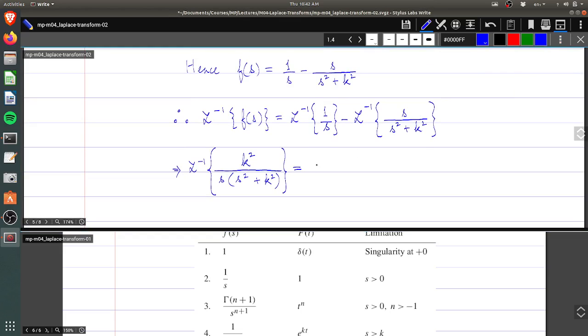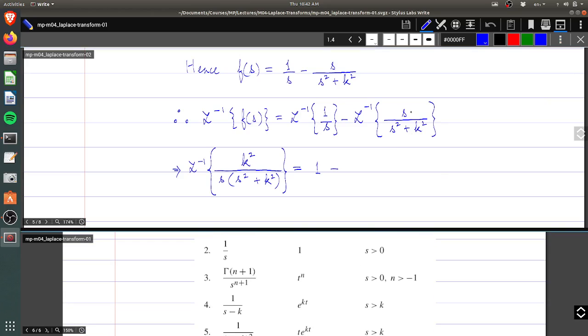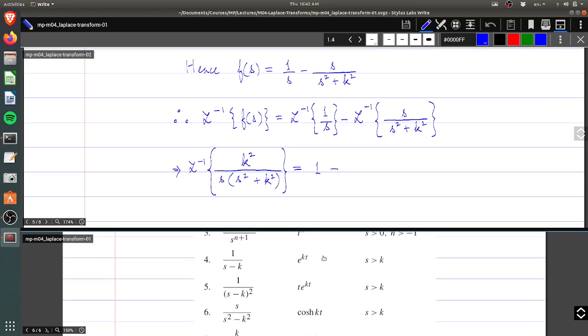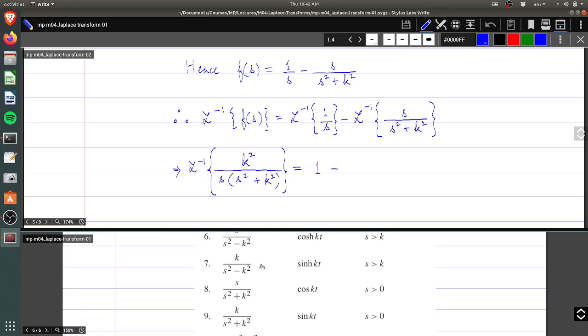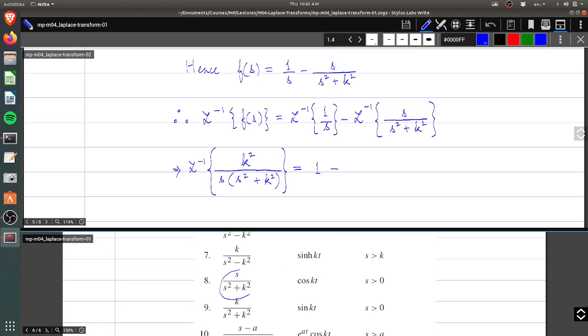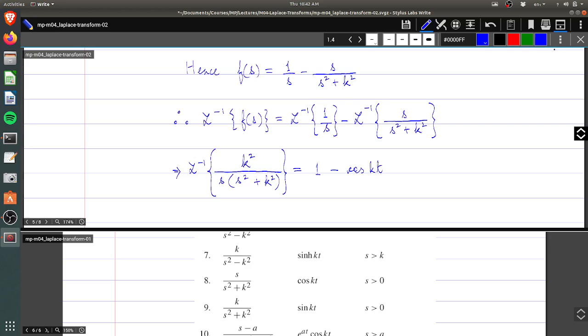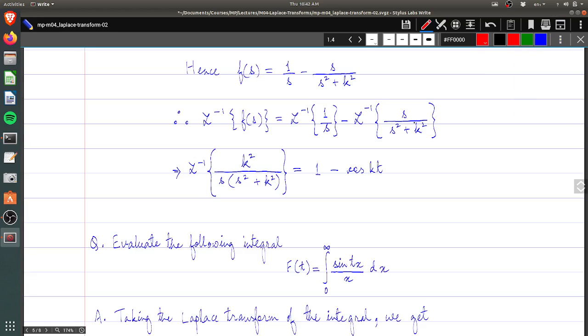So this result is going to be equal to 1. Okay, and minus, again over here we look for s by s square plus k square. The inverse Laplace transform is cos kt. So the answer is 1 minus cos kt. Okay, so that's the answer that we're looking for. So that's another application of the Laplace transform.